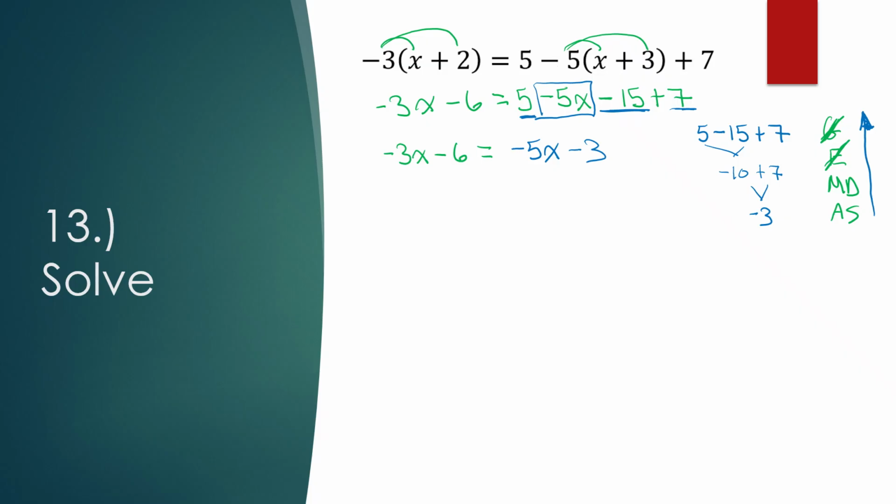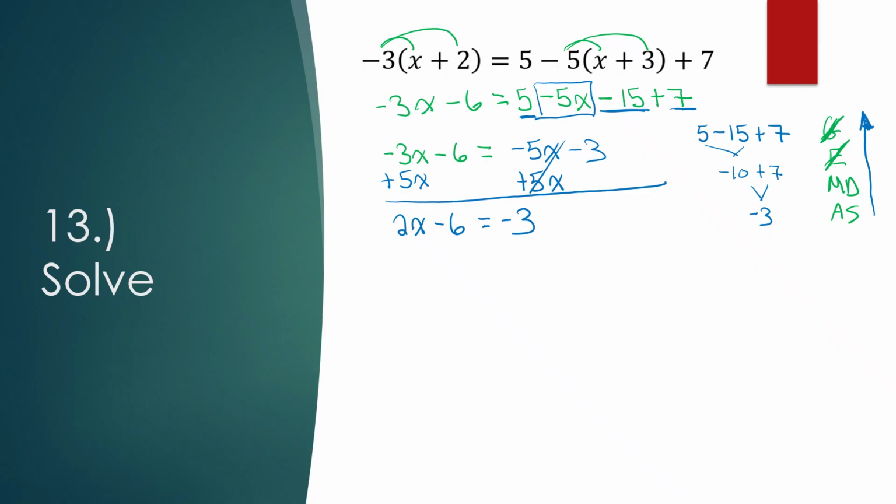I like to work with my variables first and to try to keep them positive if I can. So that's why I'm choosing to add 5x to both sides. If you do something else, as long as there's not a mathematical error, it's absolutely fine. You can do it in whatever order you would prefer.